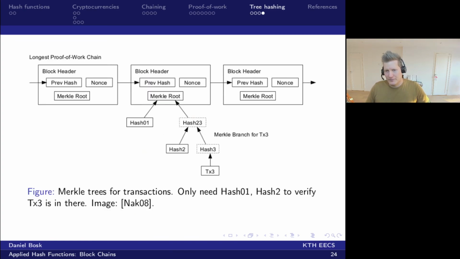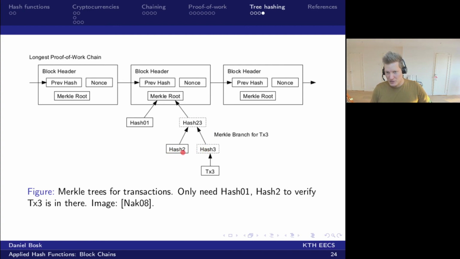Because the advantage here now, if we want to verify that this transaction 3 actually is in this block, then we take this, compute the hash of it, then we get hash 3, which we don't need to have because we can compute it.